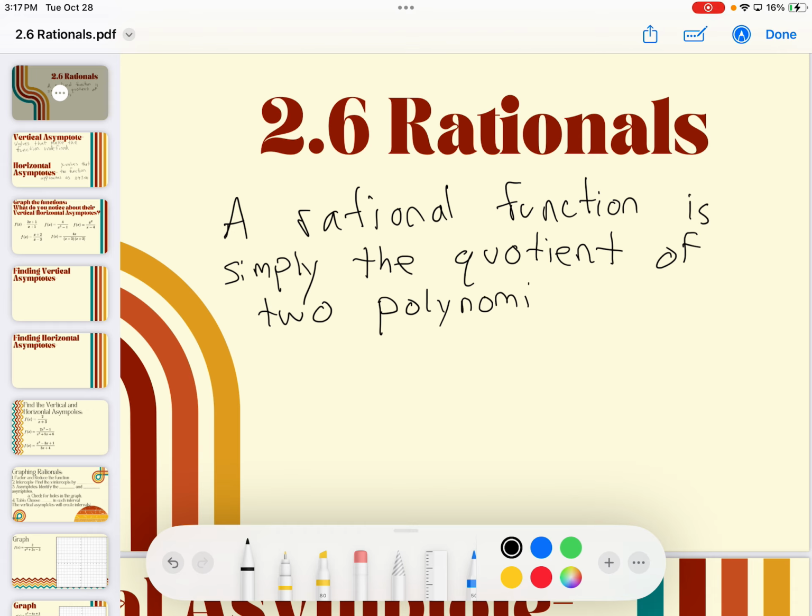So that's what's going to go in that first space. Which is why rationals come up in our polynomial unit, because we're just putting a polynomial on top and bottom now instead.